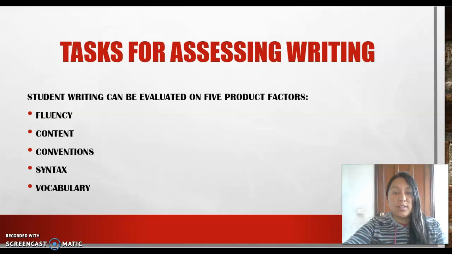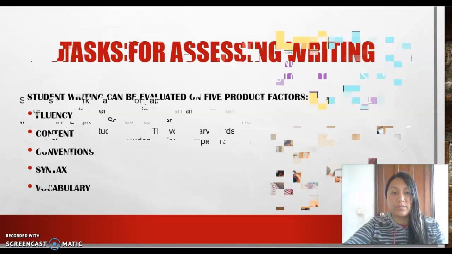The content that they have is really important because we, as teachers, give them some topic and they can imagine the content and produce a lot of information. The conventions, the syntax, and the vocabulary are really important when they are writing, so they can concentrate on what kind of writing they are doing.